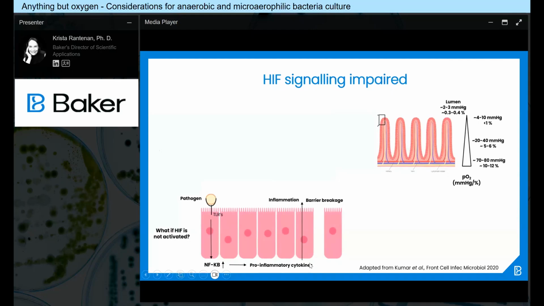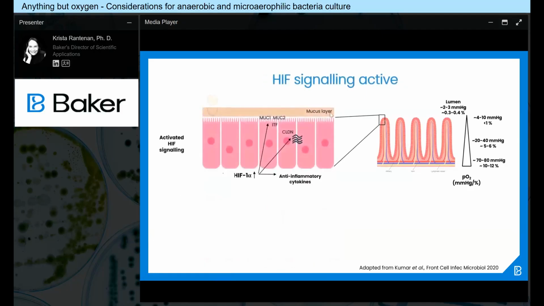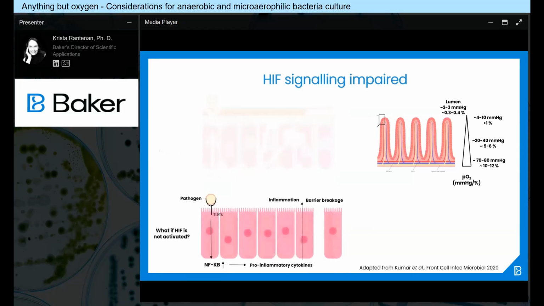And what happens then is that it leads to barrier breakage. So you can see there's a gap in the barrier. And so in the previous picture, you could see there's the mucus layer with HIF signaling, but with NF-kappa beta signaling, we don't have that layer anymore. And this exposes the epithelia, for instance, to pathogens. And that's a problem, of course, an inflammatory signal.